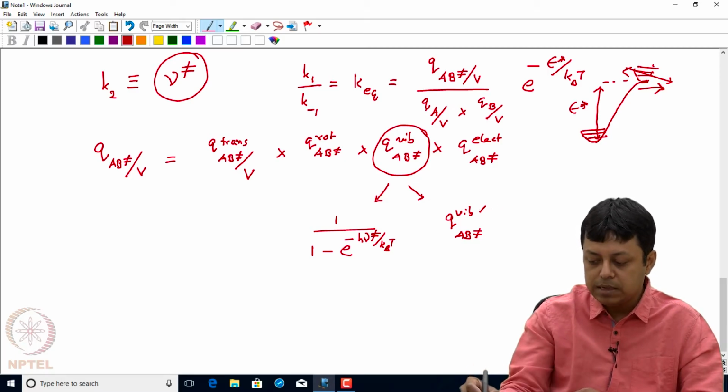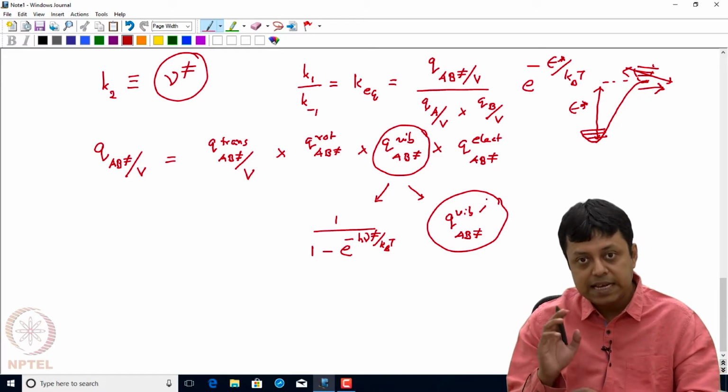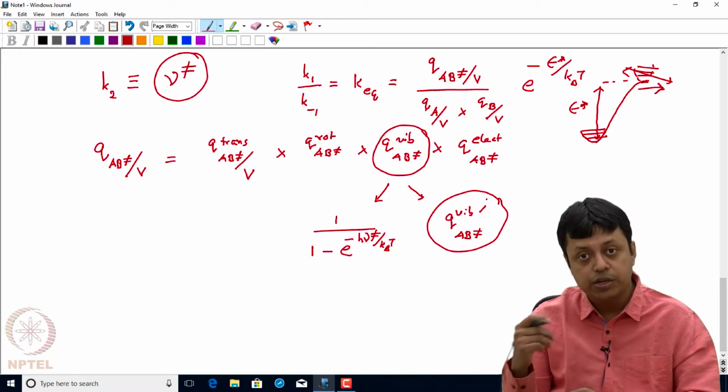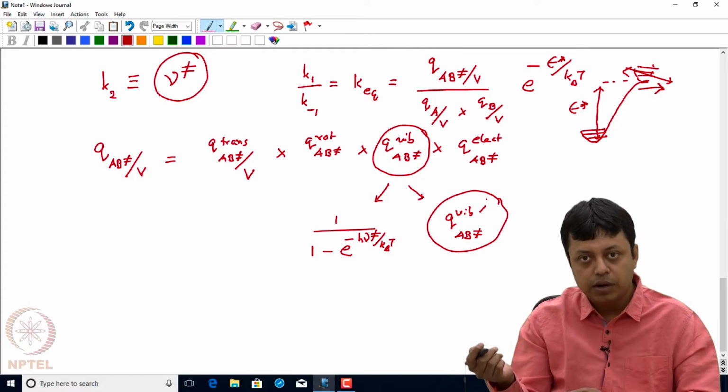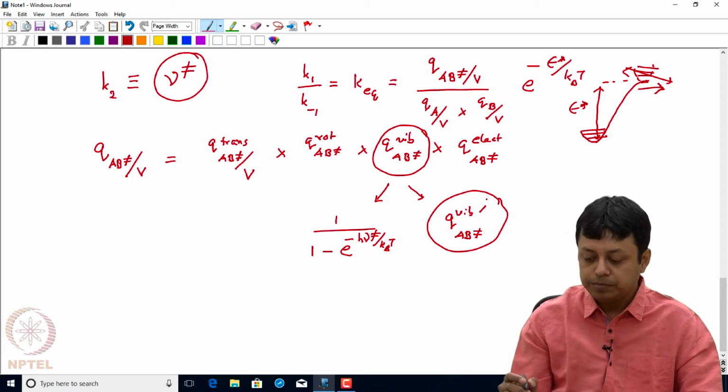This prime means it is basically the vibrational partition function except one degree of freedom. Which degree of freedom? That degree of freedom which is along the reaction coordinate and which has a characteristic frequency which is nu dagger.